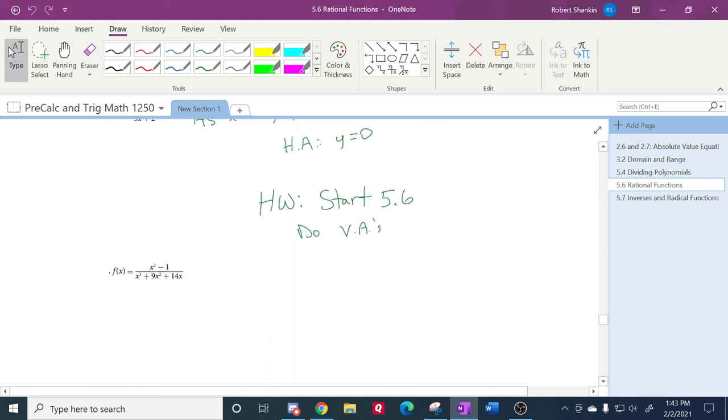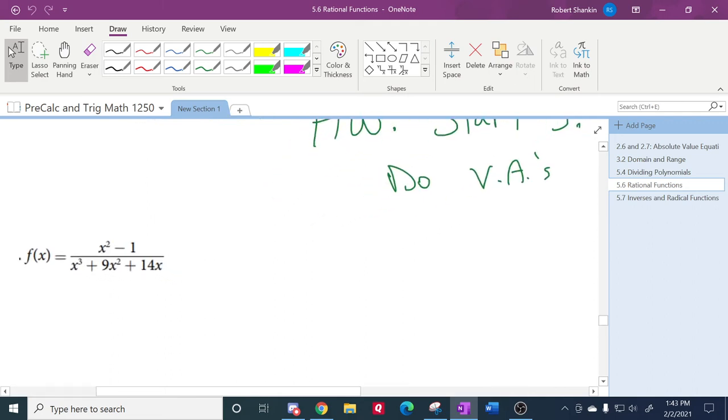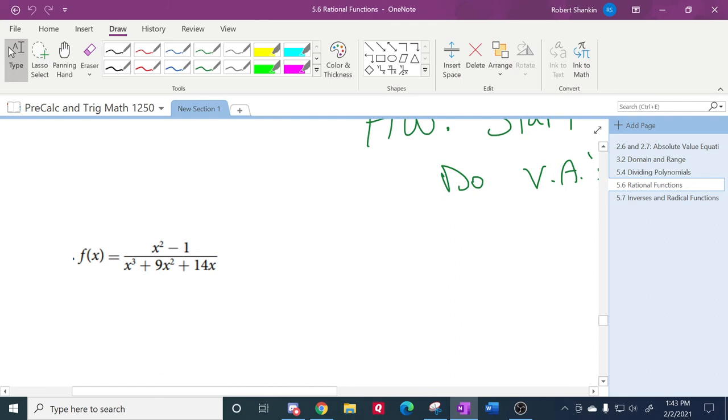Now this one would be similar: the degree of the numerator is 2, but the degree of the denominator, let me make it a little bigger, is larger than that, so this drives the whole thing down to 0.